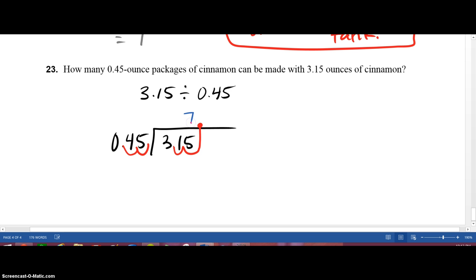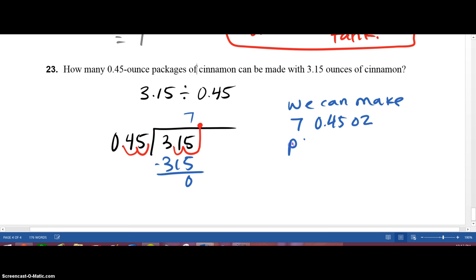Here it ends up going in 7 times. 7 times 45 is 315. Now you may have to do a little guess and check here, but it ends up being 7 with no remainder. So we can make 7 0.45 ounce packages of cinnamon.